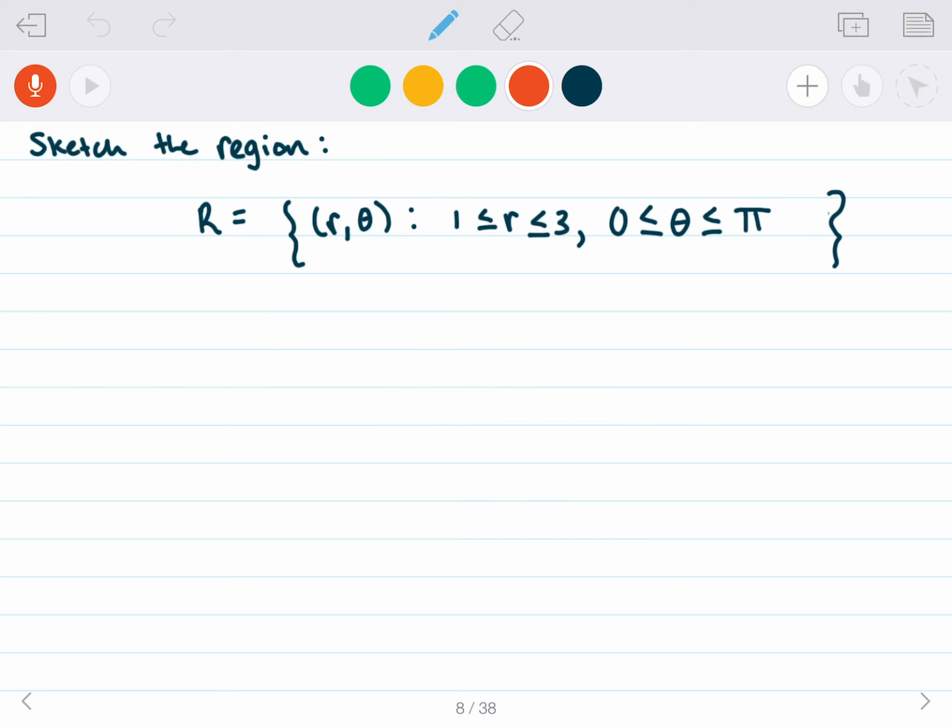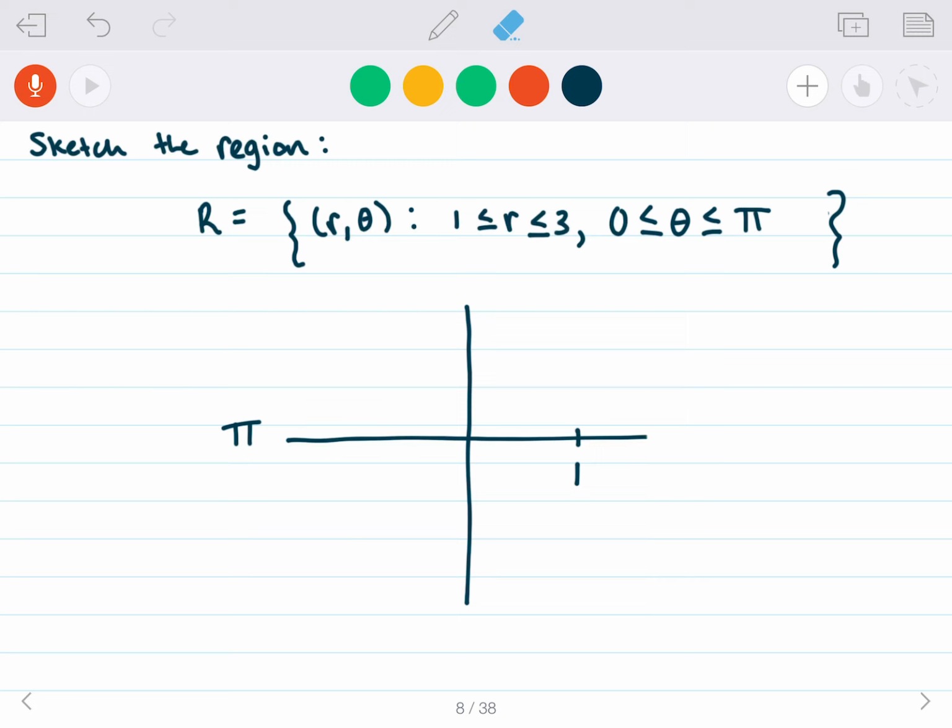Okay, so what about this region? Now we have our radius varying from 1 to 3, and our theta going from 0 to pi. So here's 0, here's pi. My radius doesn't start until 1. So here's 1, and it's going to end at 3.